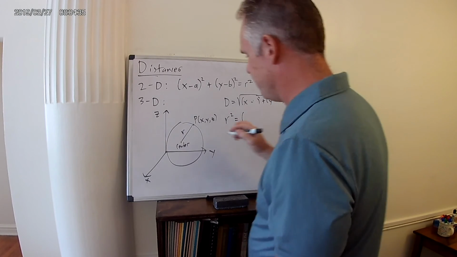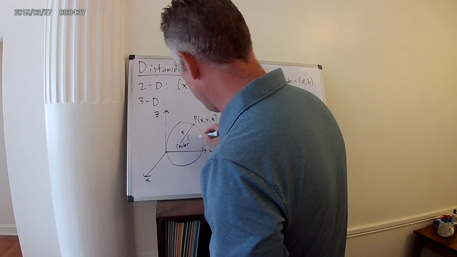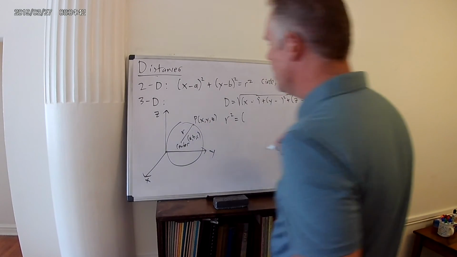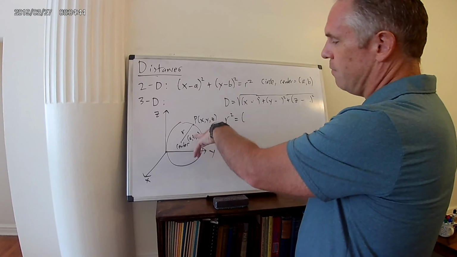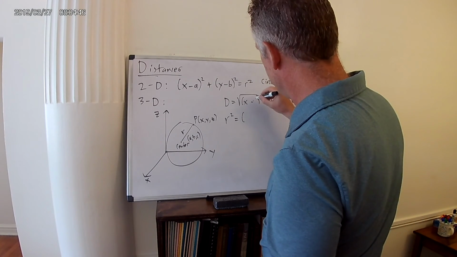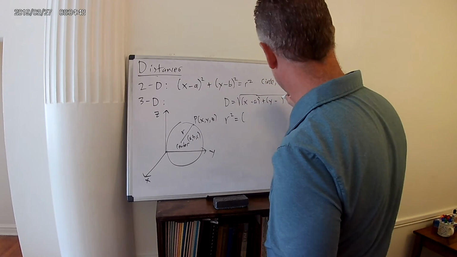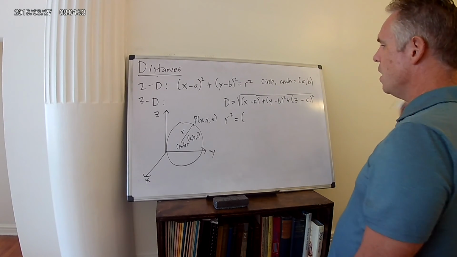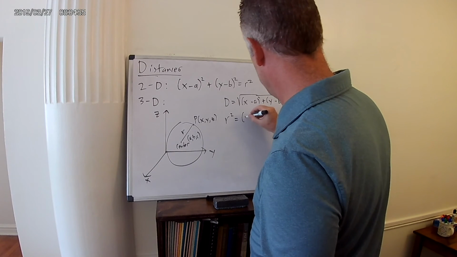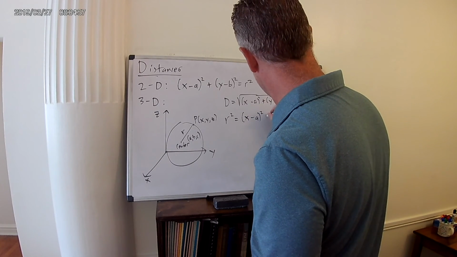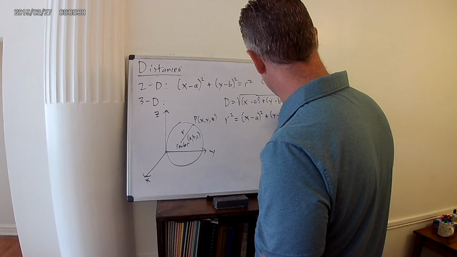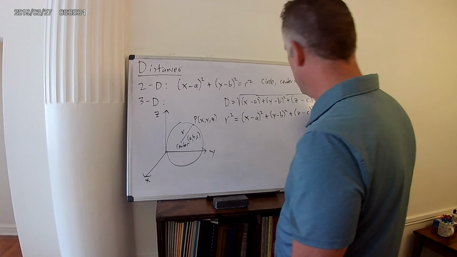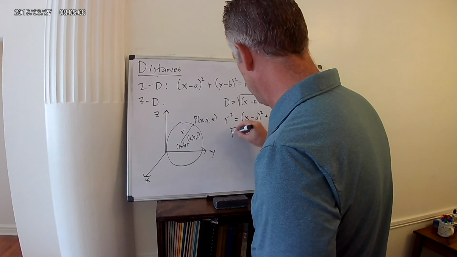What I wanted to specify was the center is actually, I could call it x1, y1, z1, but I want to call it (a, b, c). My apologies. So imagine we have a point (x, y, z), and we have this point (a, b, c). By the distance formula, we get (x minus a) squared, (y minus b) squared, (z minus c) squared. If we square both sides, we get r squared equals (x minus a) squared plus (y minus b) squared plus (z minus c) squared.